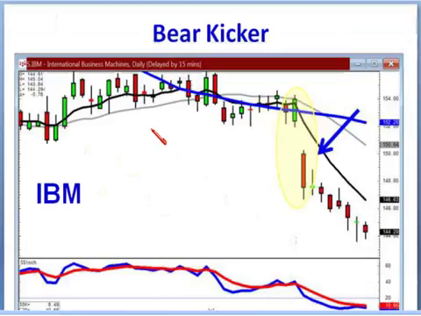Can we reverse a position to make up for the loss, to cover rather than closing out the position? Can we reverse? Yeah, that's what the reverse position is. You're closing out the long position and you're immediately going short.